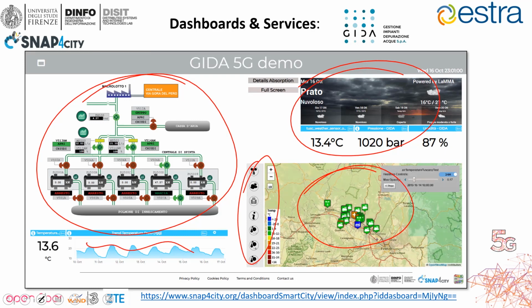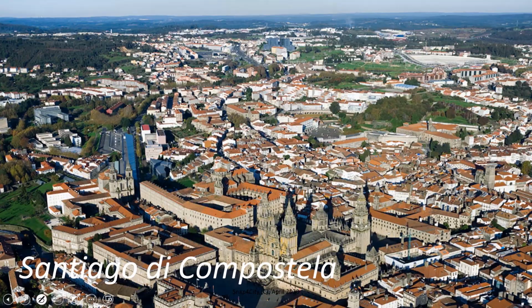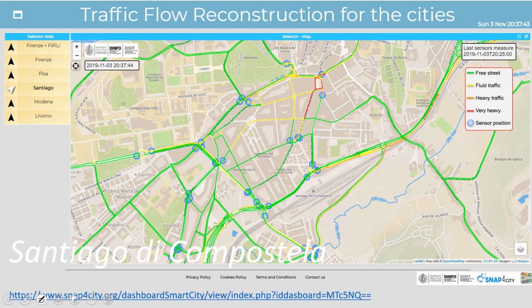So Santiago de Compostela is another example. There we computed the traffic flow reconstruction on the basis of the position of the sensors. With the partial differential equation, you see the single segments. It is a way to report the single segments, but the segments could describe the traffic flow density.